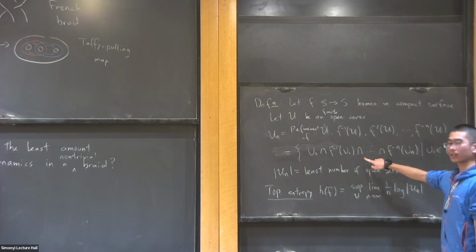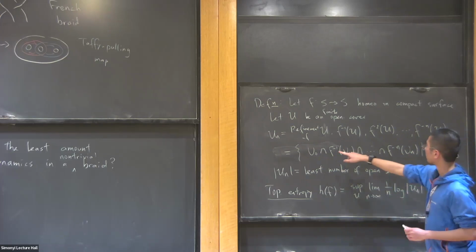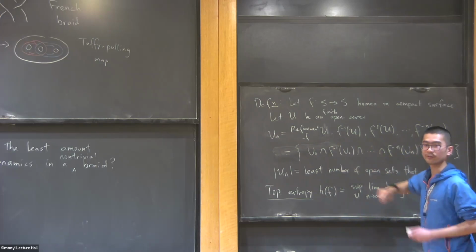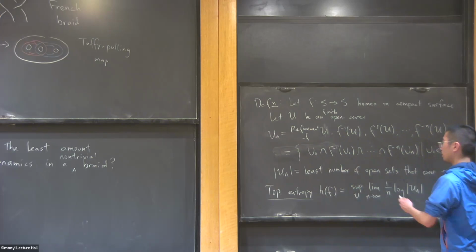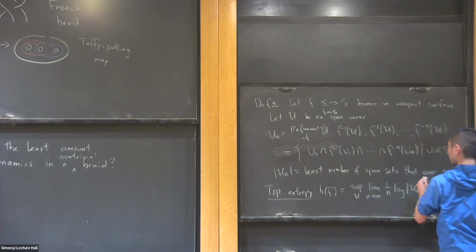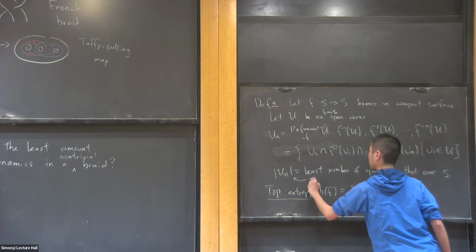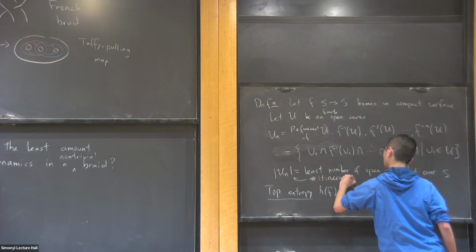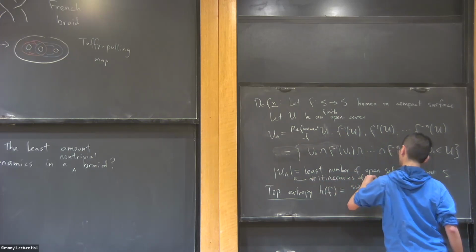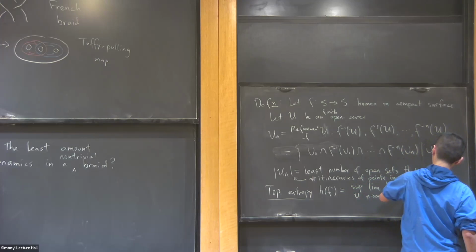And when you apply f again, it goes to U2 and so on. So this is really a sequence of elements in U that records the trajectories of the points. And so this number here, you should really think of as the number of itineraries of points in S under f.